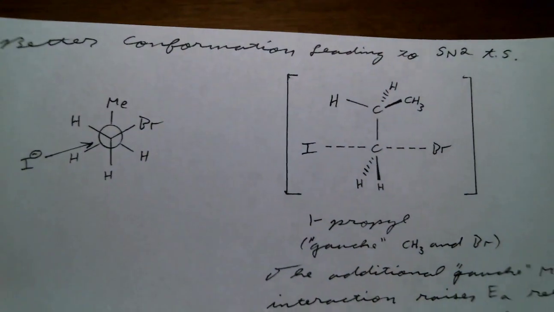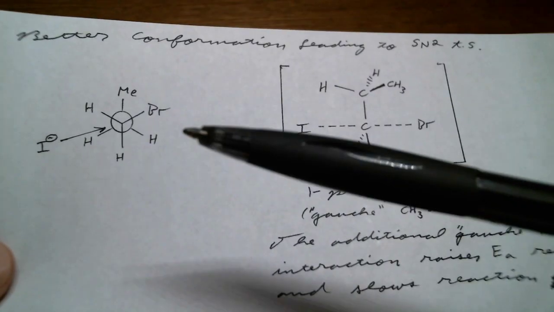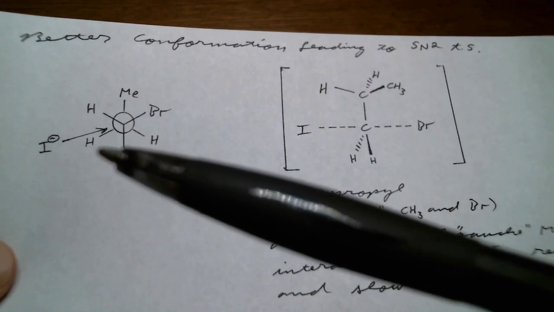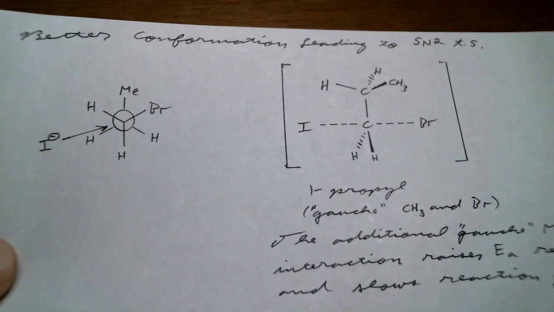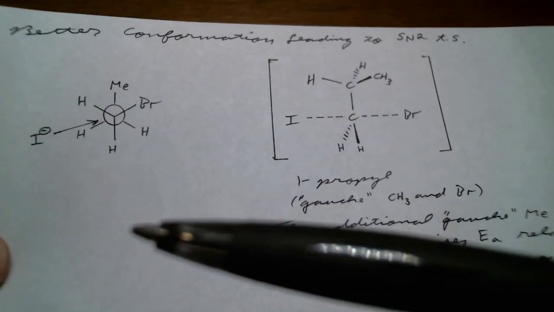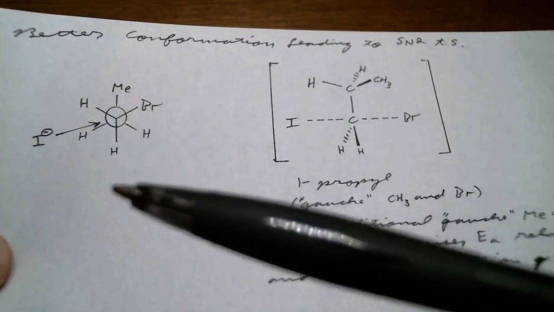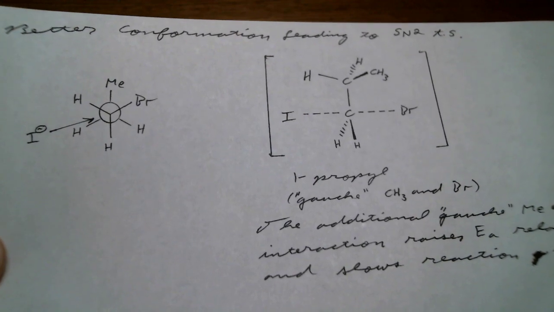And that decreases the reaction rate a little bit more, but it makes it possible. We have to go to the gauche conformation, where the methyl group is gauche to the bromine. And now our iodide eclipses a hydrogen on the beta carbon, so that's not so bad. We've seen that before, but we still had to put this in an energetically less stable staggered conformation, and that adds to the activation energy.